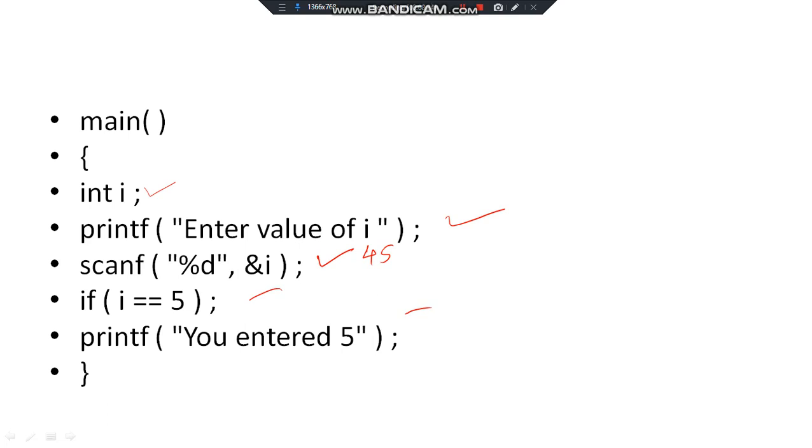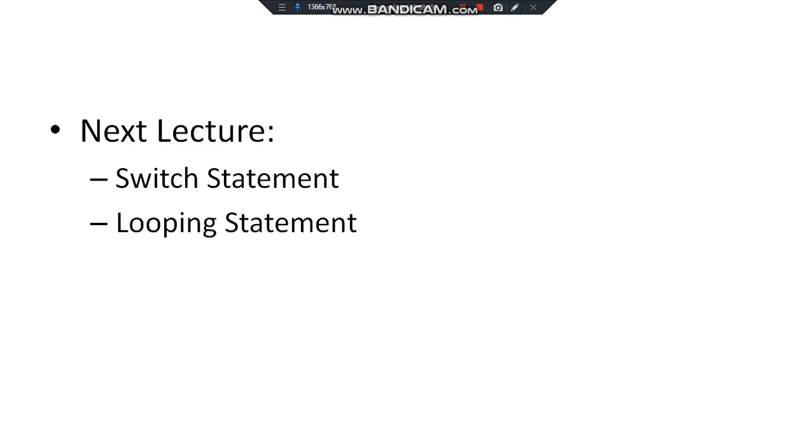Many of you again think that this will not be printed, but this will be printed, because for if no semicolon is to be given, but here the semicolon is given. So after this if there is nothing to be executed, what I am asking the compiler is, don't execute anything. If you want to execute this, then in this case the semicolon should not be there. Okay, these are some common mistakes that we make while writing programs.